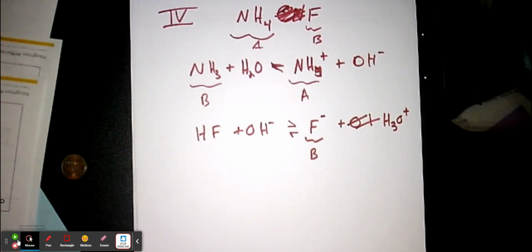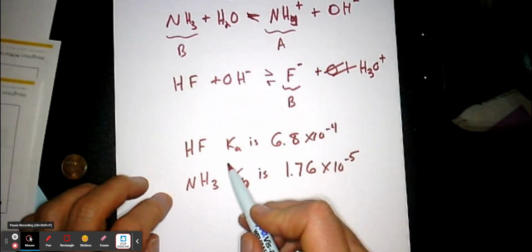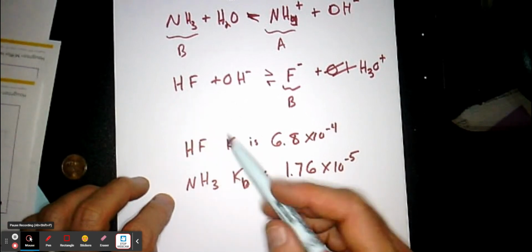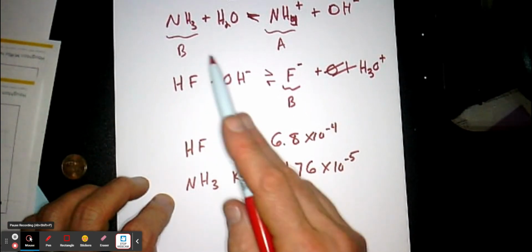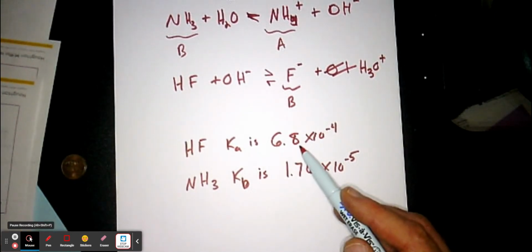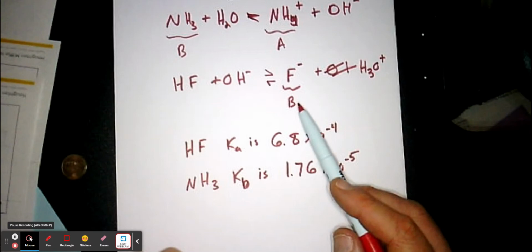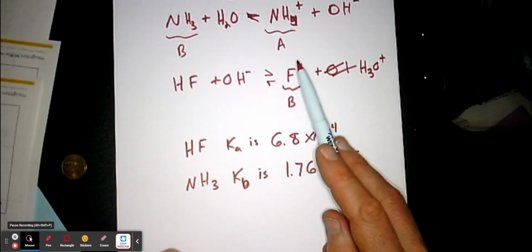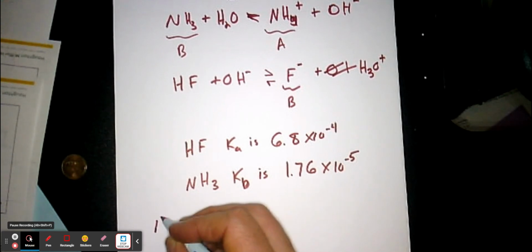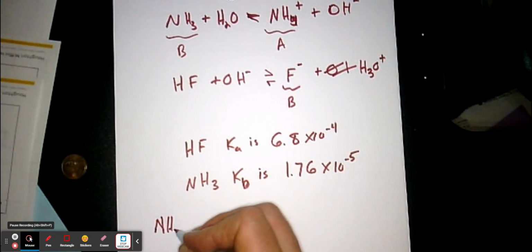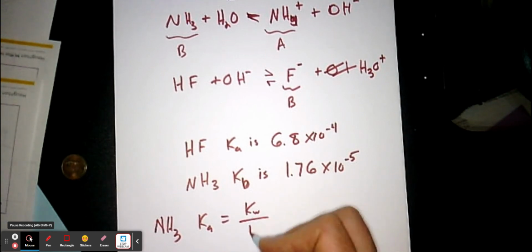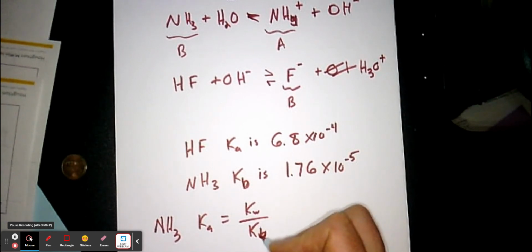Let me do that. Okay, so here's the Ka value for hydrofluoric acid, and here's the Kb value for ammonia. But in truth you want to know the Kb value of your fluoride and the Ka value for your ammonium. So for NH3, my Ka is going to be equal to my Kw divided by my Kb.